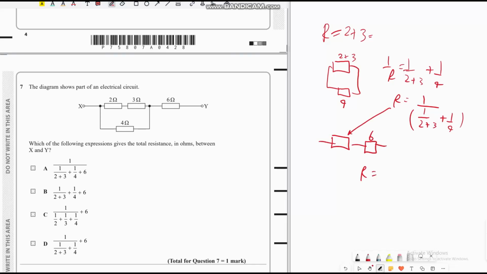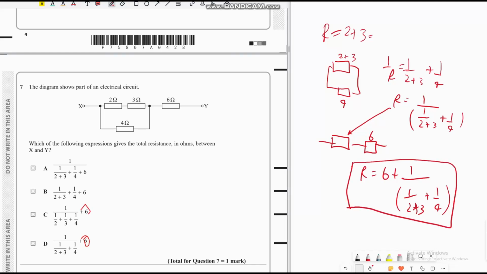So then R is equal to 6 plus this whole thing, 1 over [1 over (2 plus 3) plus 1 over 4]. We'll see which answer matches. And yes, the answer expected, as we have highlighted here, will be answer B.